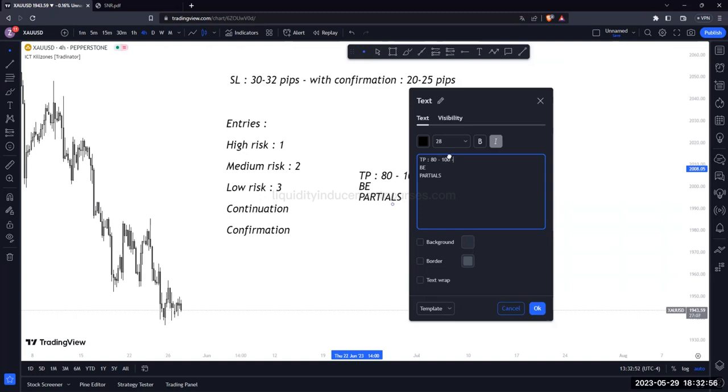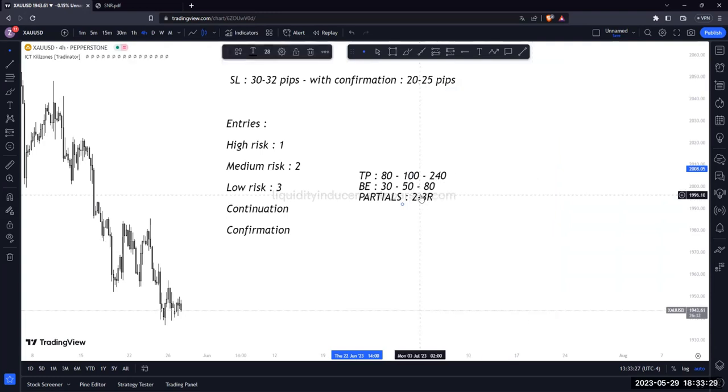Let's make it 120. Yeah, 100. And for low risk, at least 240. Okay, so break even is 30 pips, 50 pips, actually 50 pips here. And here you go for 70, 80 pips break even. Partials is the same as break even, or you would want to be at 2R.